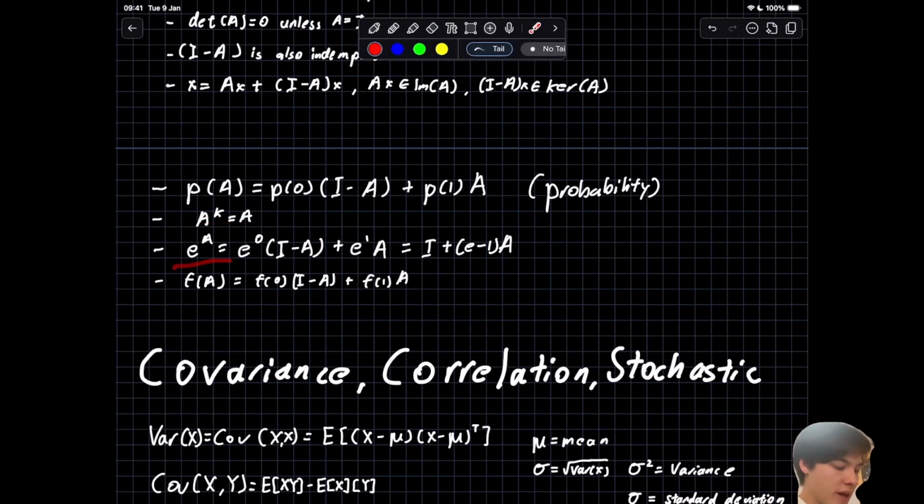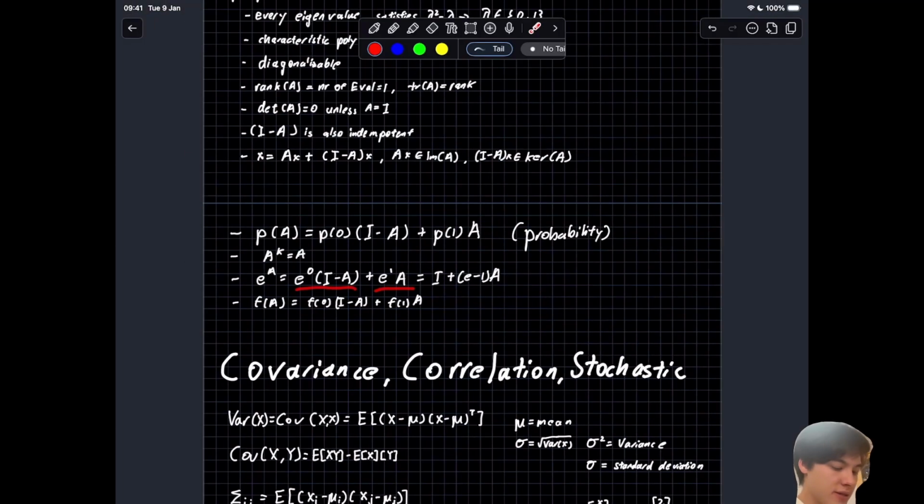E to the power of A can be written like this: identity plus (e minus 1) times A. A function of this, you see it's also the same.